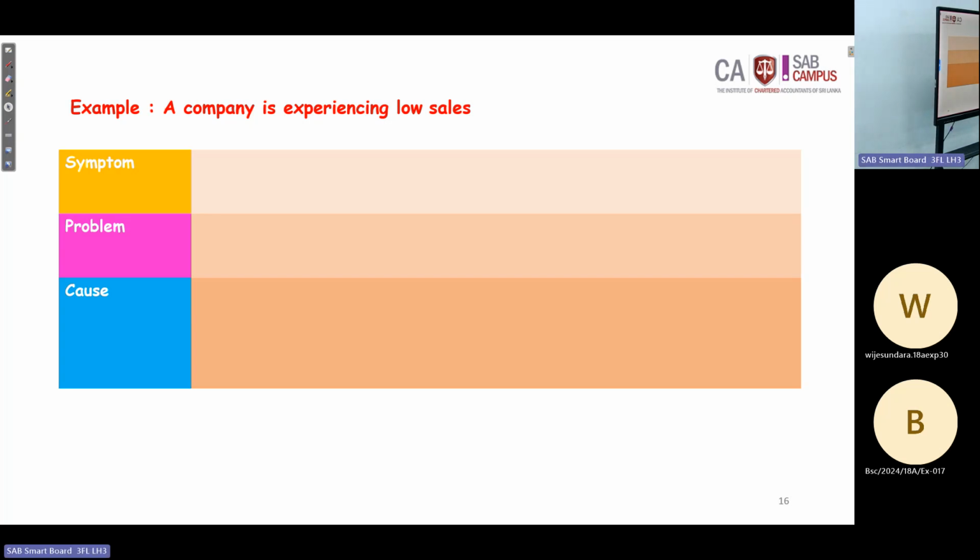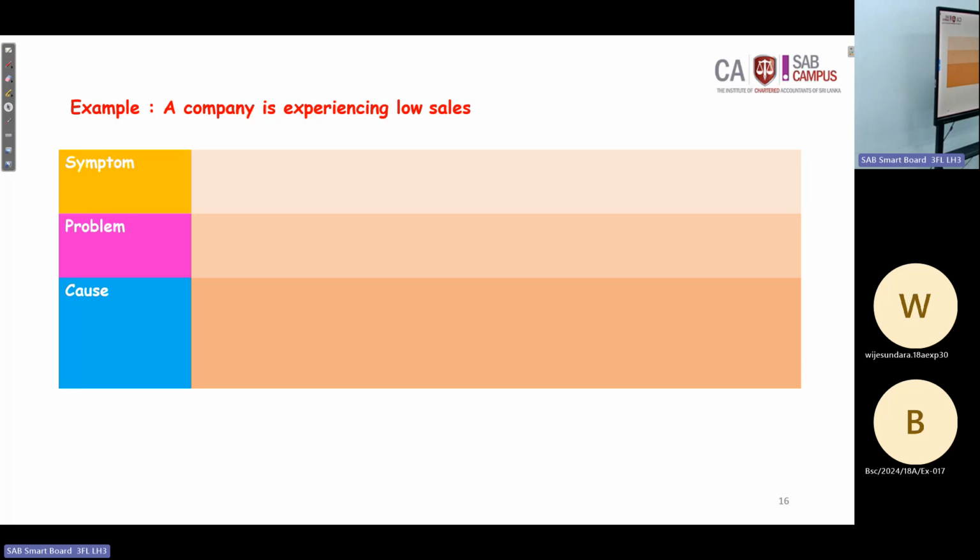Ineffective marketing strategies, then high prices, then staff low. So we don't have enough capability or skilled employees. Therefore our productivity is low, and because of that the quality is low. Then customers have a lot of complaints. Accordingly, we don't have high sales. We have low sales. Good.